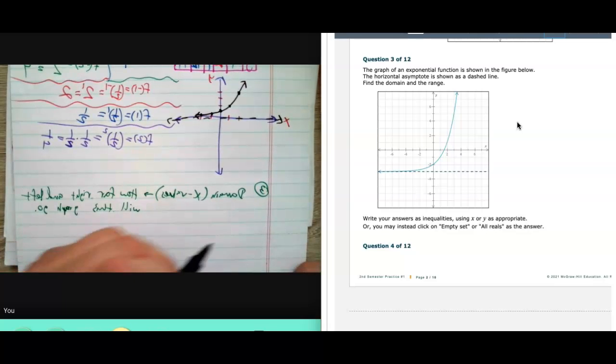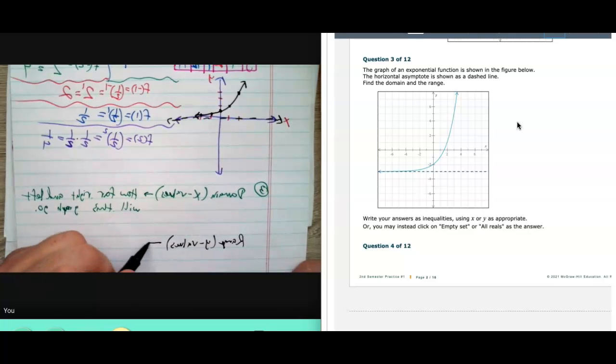And then your range is your y values, and that's almost the same question, but it's how far up and down will this graph go? I'm just using quotation marks here so we could save a moment. How far up and down will this graph go? That is your range.